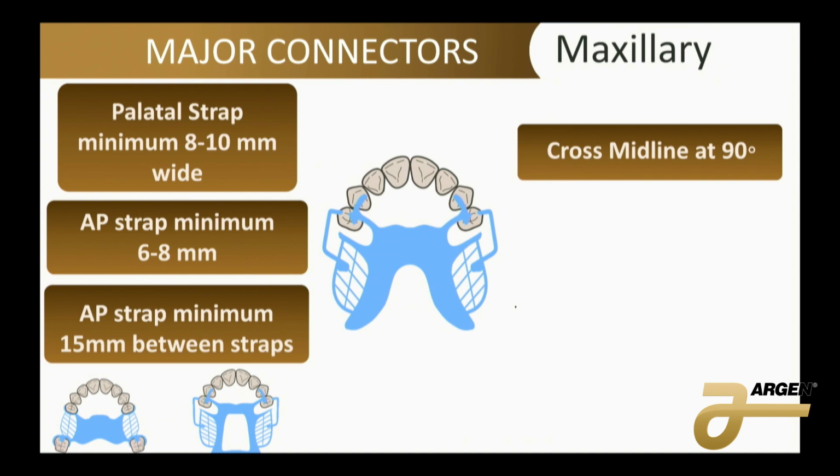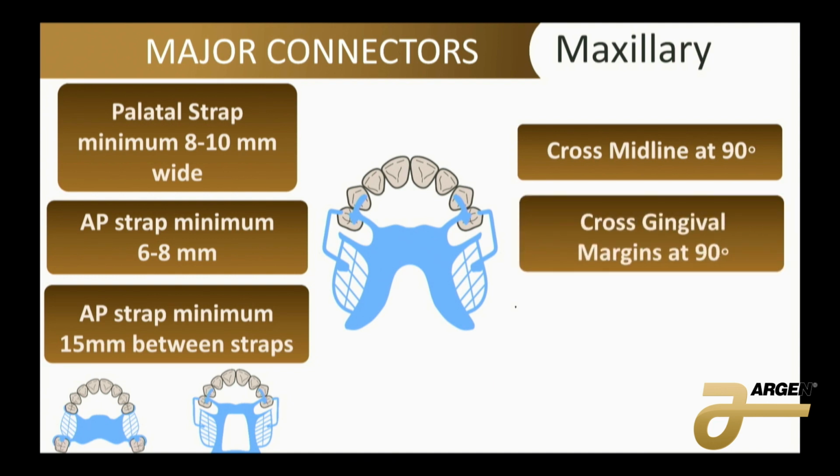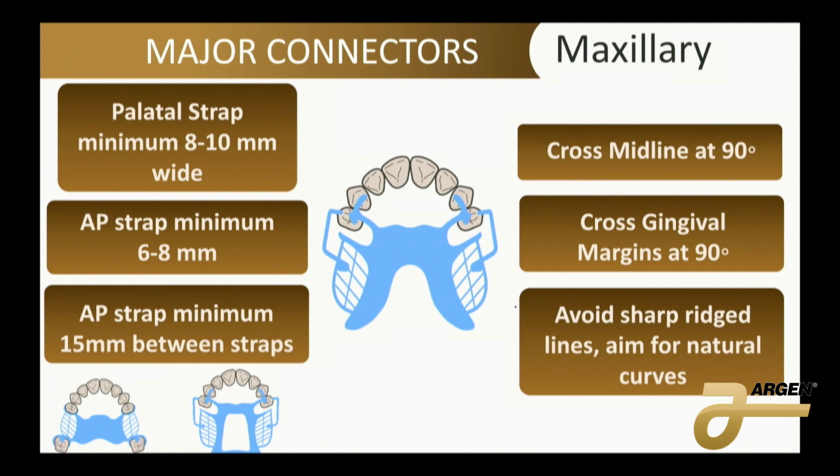So these, again, are some basic rules for when you're drawing out your splines. They should cross the midline at 90 degrees. You shouldn't be crossing the midline at an angle. When you get to that midline, it should be straight across. Also, again, like I said before, anytime you go across a gingival margin of a tooth, it should be straight up and down, right across at 90 degrees. And we want to avoid sharp, rigid lines.